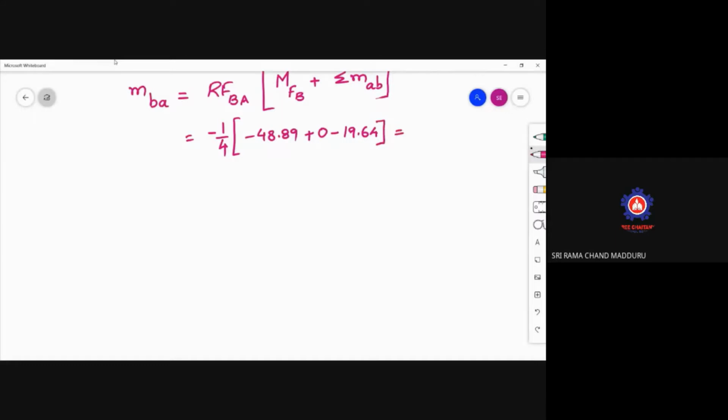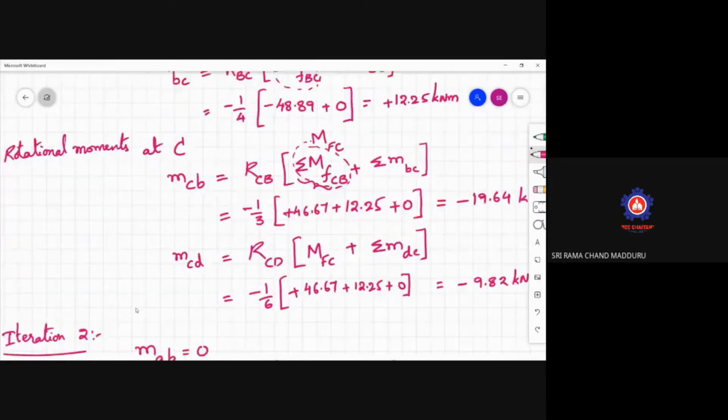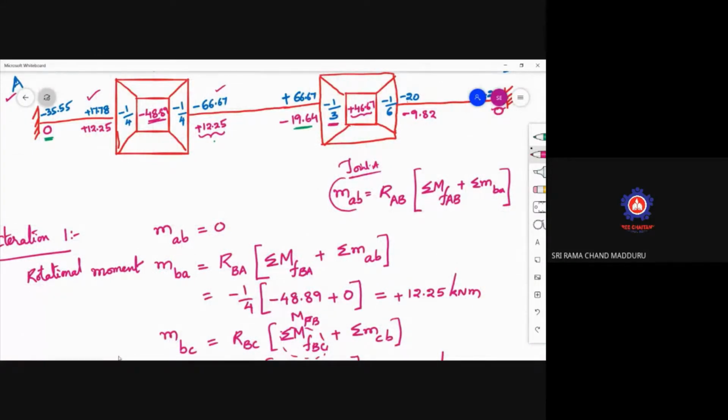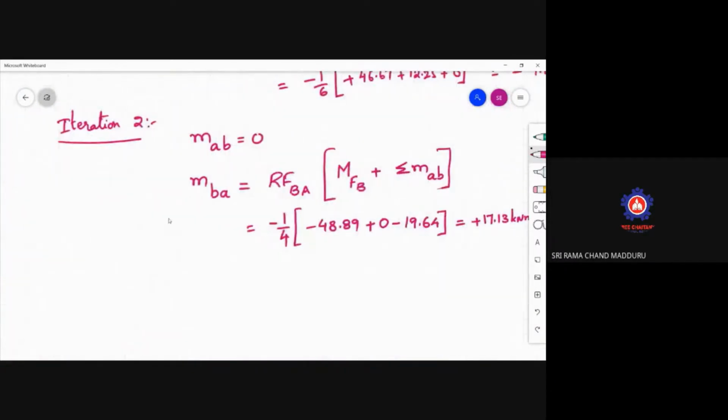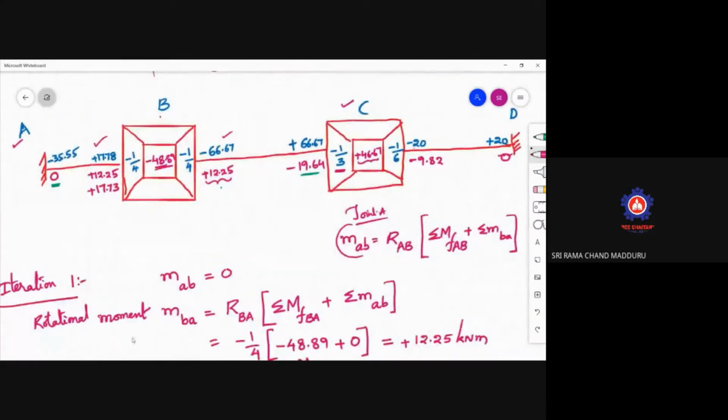Now, what is the value here? 17.13 kilonewton meter. So plus 17.13. Immediately write down. AB is obviously 0. You need not write it down once again. This is plus 17.13.